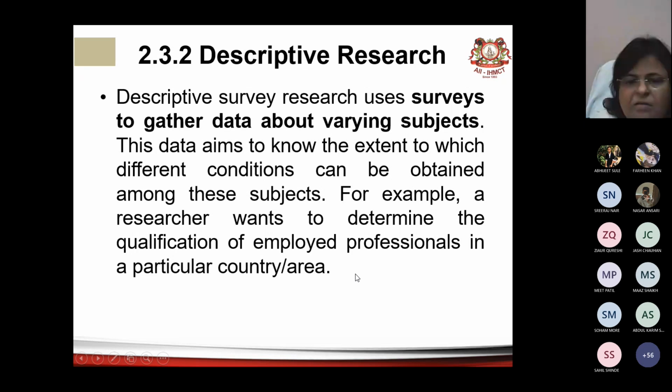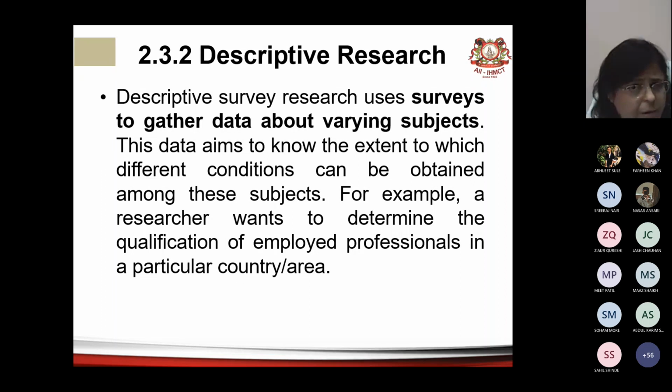Say in a certain urban part of Delhi, or New Delhi, or a certain Rajouri Gardens area of Delhi. I'm just giving you a hypothetical example. I want to know what kind of qualifications there are of employed professionals.